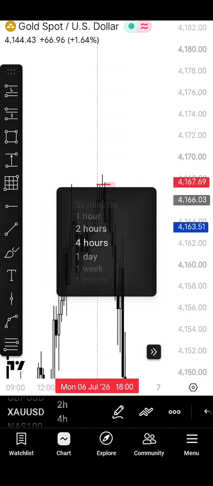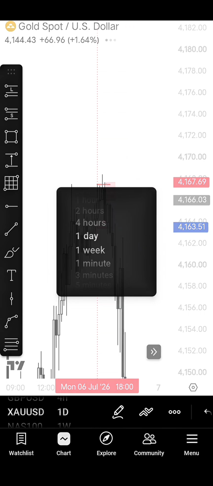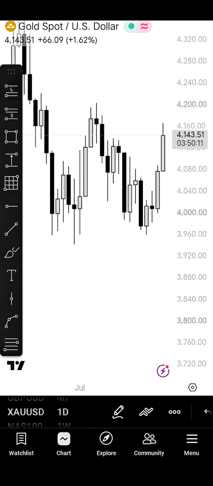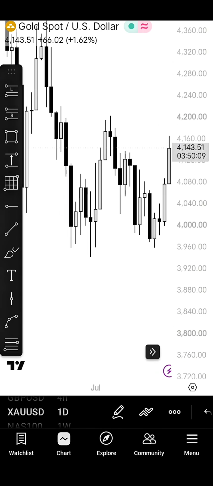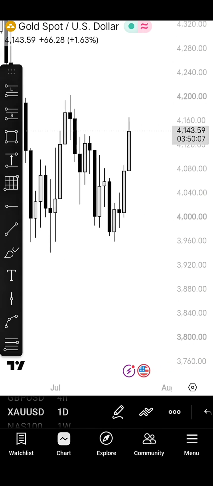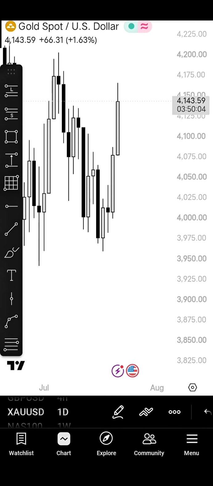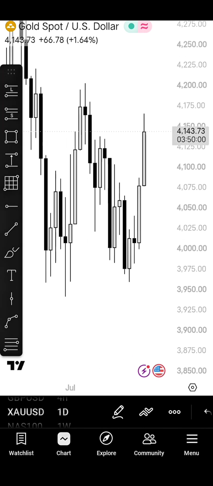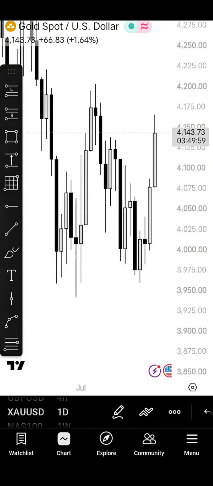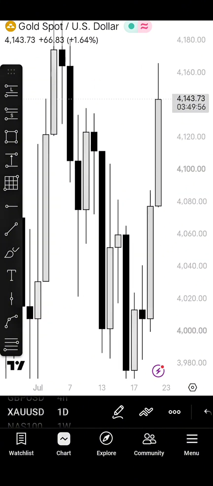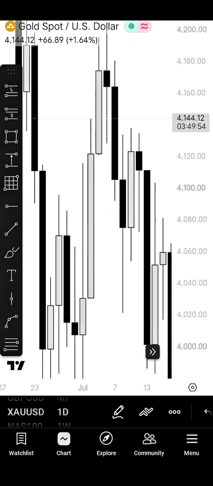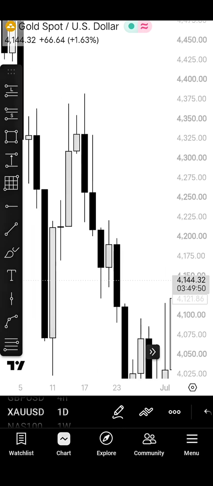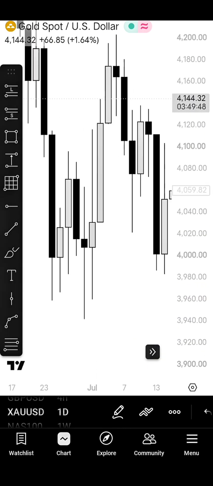So let me show you the example of the continuation. Okay, continuation bias. For example, I will show you the latest example. Like these wicks are so small in continuation.